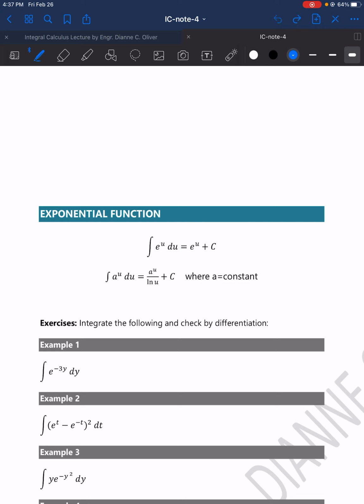Now for the integral of a raised to u du, where a is a constant, the answer will have a raised to u all over ln a plus c. Now let's use this pattern in the following examples.